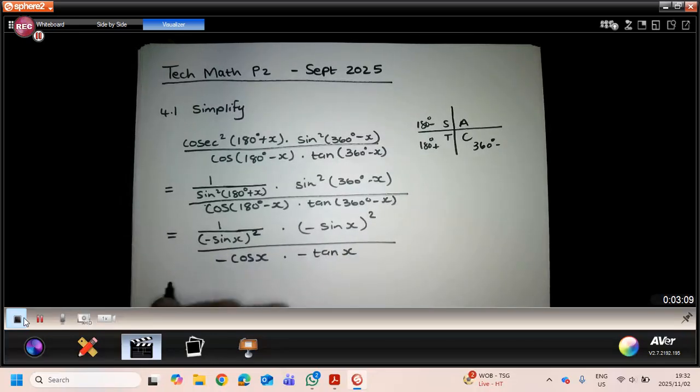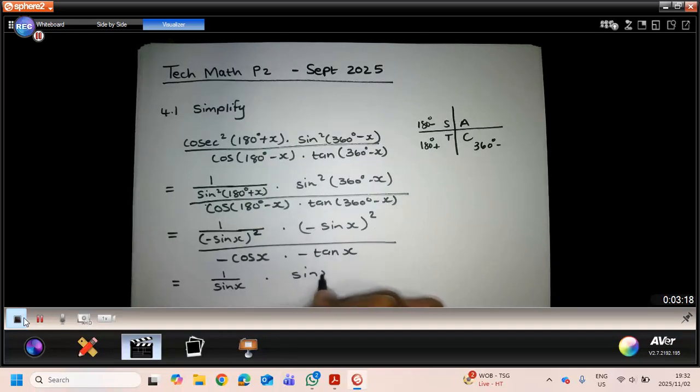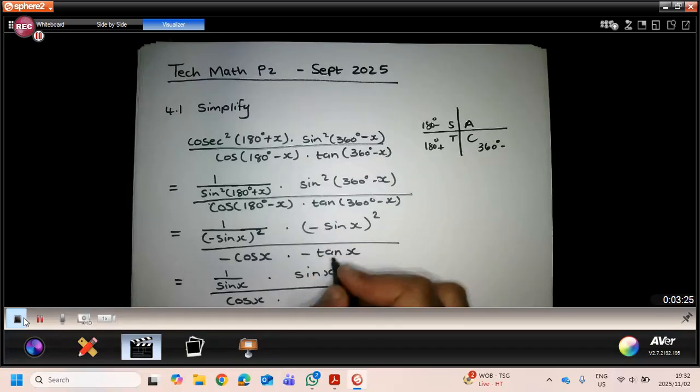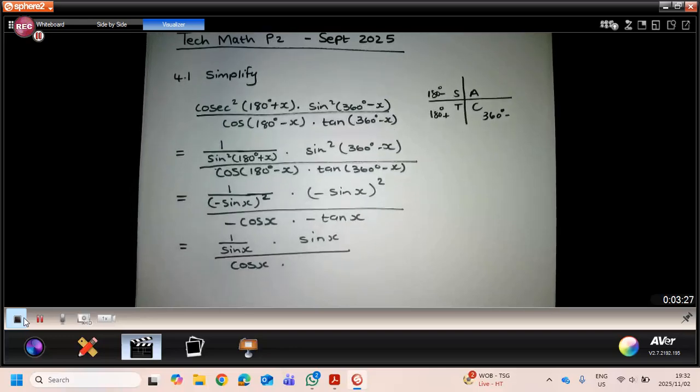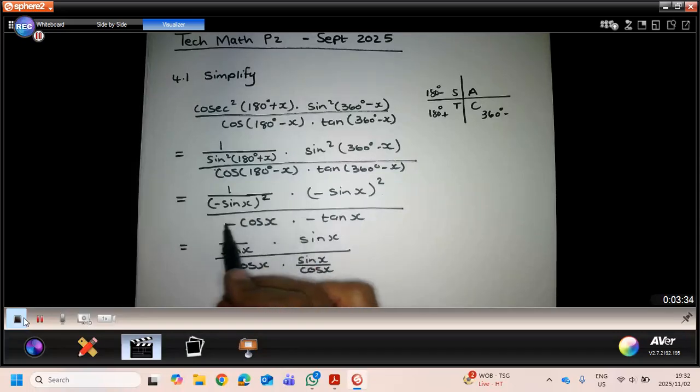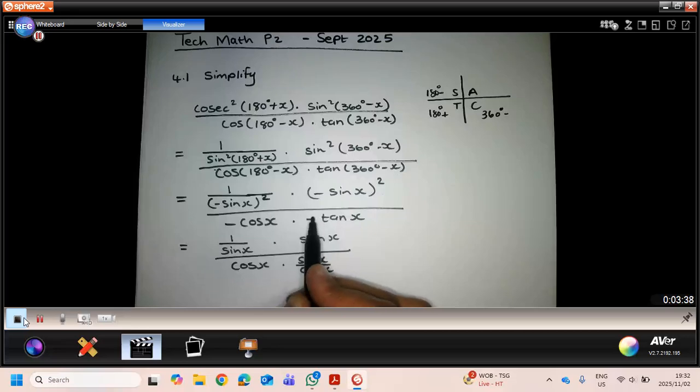Alright, so let's simplify here. 1 over sine x times sine x, and that is all over cos x times, now I'm going to change tan to sine over cos, right? You will note that I didn't write my negatives again, because a negative times a negative gives us a positive if we simplify that.